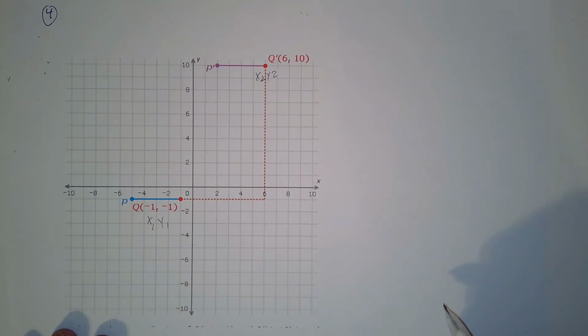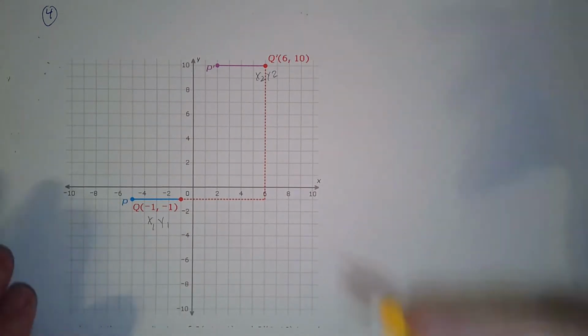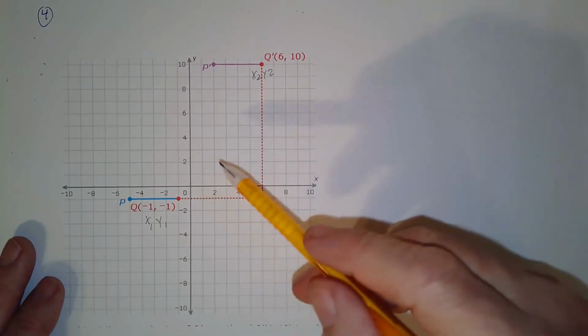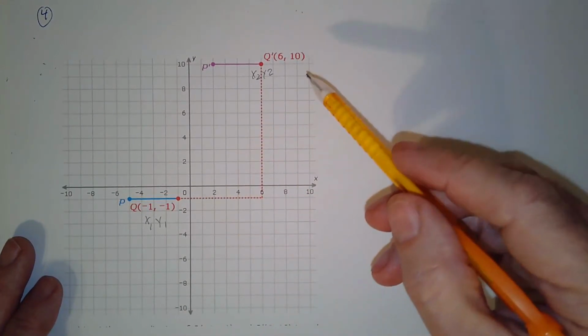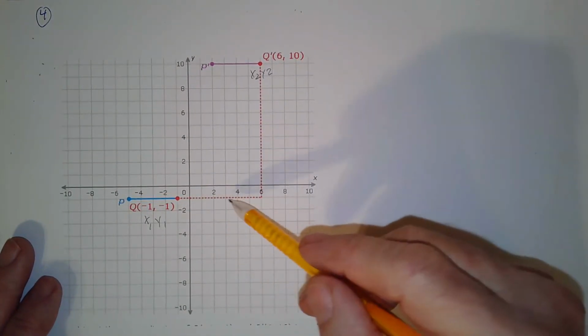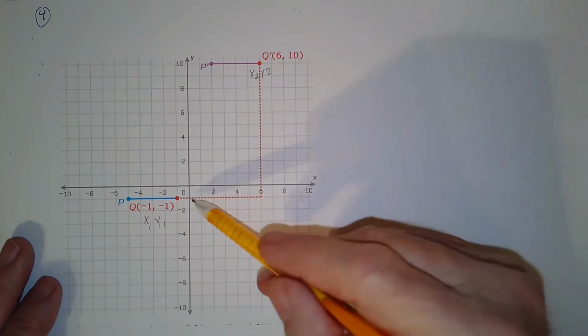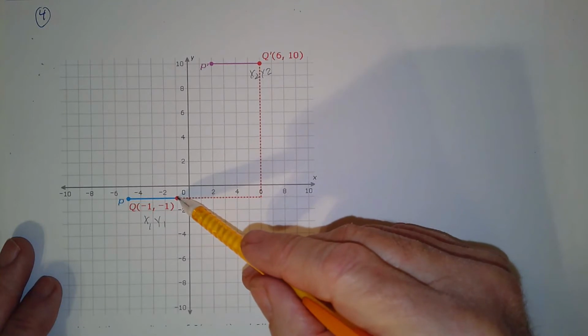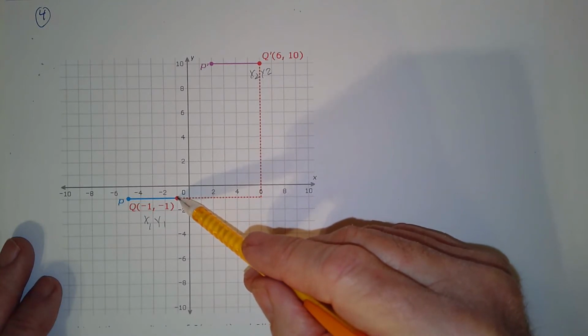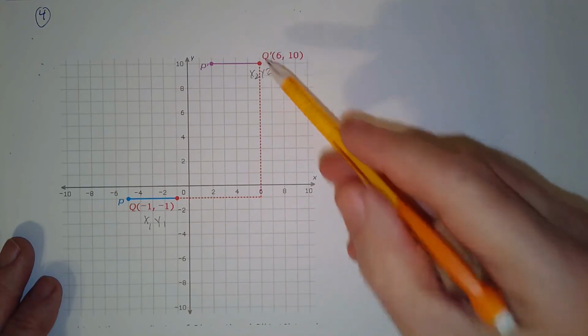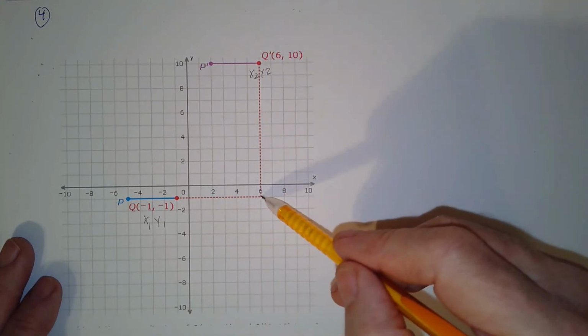And so what's going to happen here is we are going to find out what the distance change is, first of all for our X, and then second of all for our Y. And our X is always horizontal. So we're going from the X coordinate here, which is -1 for Q, to the X coordinate for where Q prime is, and it's actually over here at 6.